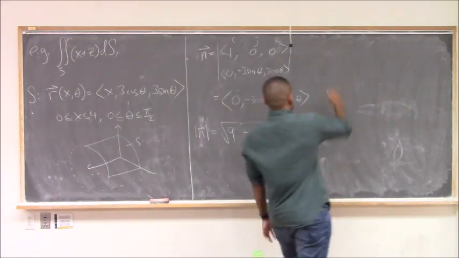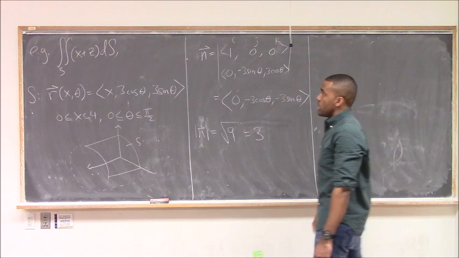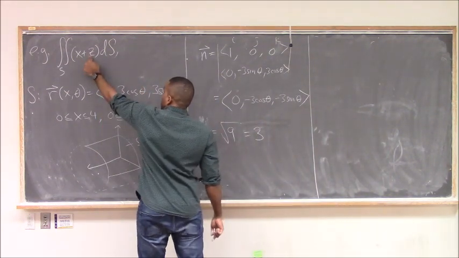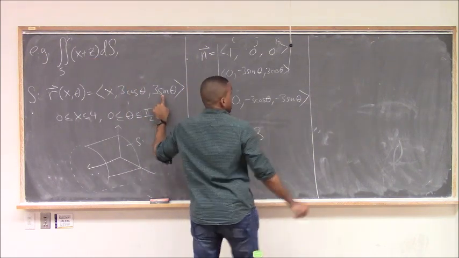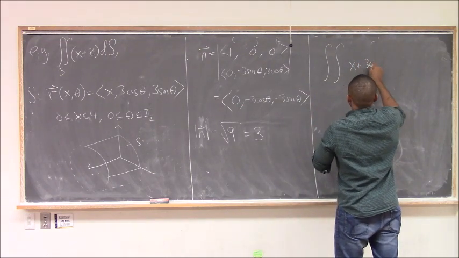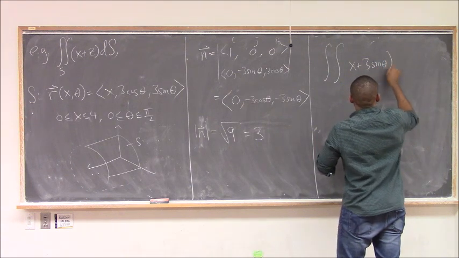And so now we just start plugging in. We're going to plug the parameterization into this function. So x is literally itself. My z coordinate is given by 3 sine theta. So I'm going to plug those in. So it's x plus 3 sine theta.